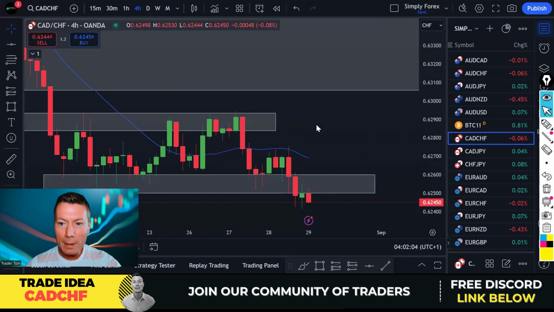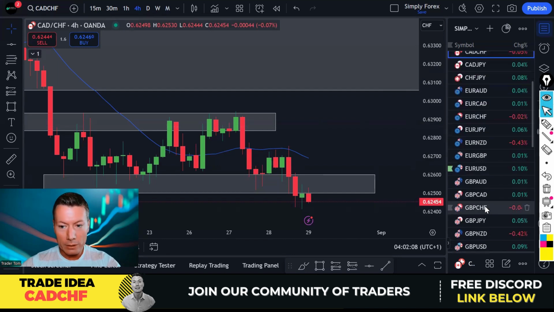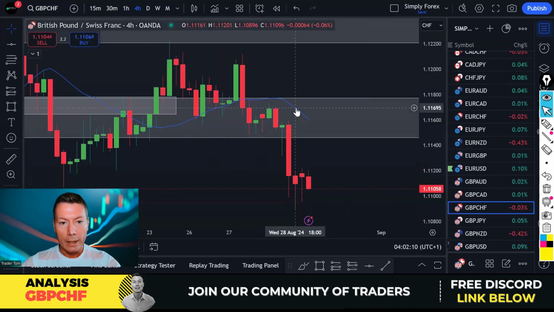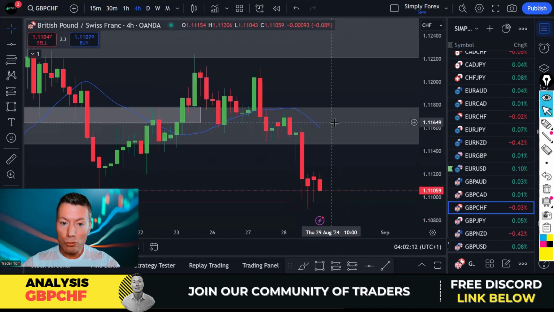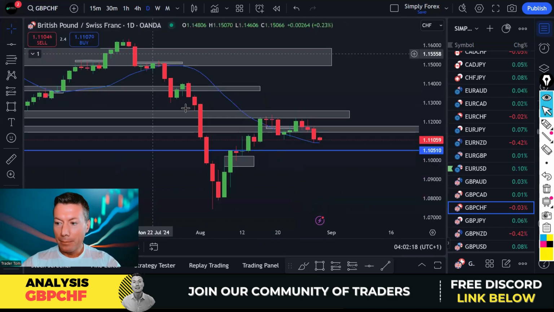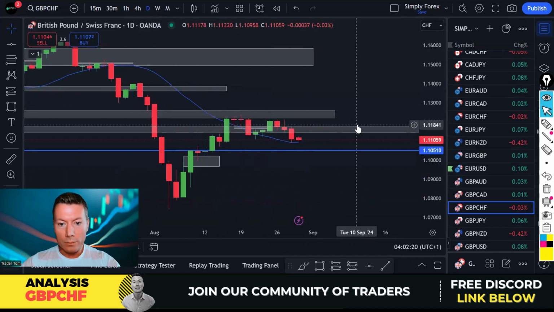So they're my two main trade ideas, but I am looking at pound Swiss franc, because the Swiss franc's strong. Although nothing is as strong as the New Zealand dollar right now. That is on steroids, I'm sure. So pound Swiss franc. The thing we need to be careful with here is, this is in a downtrend, no two ways about it, and we're still in a downtrend because we haven't broke these highs.